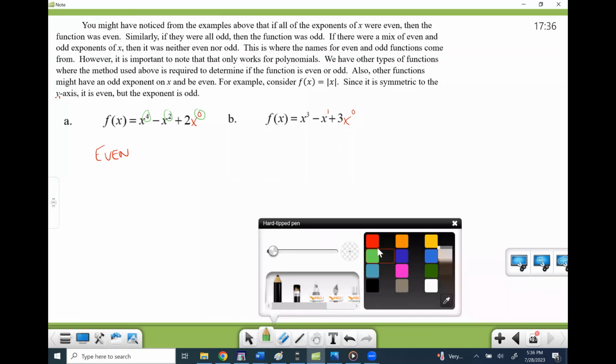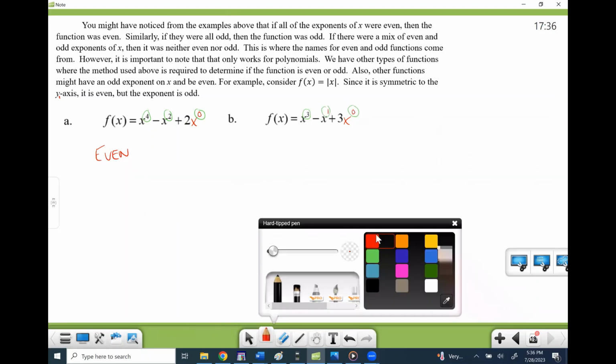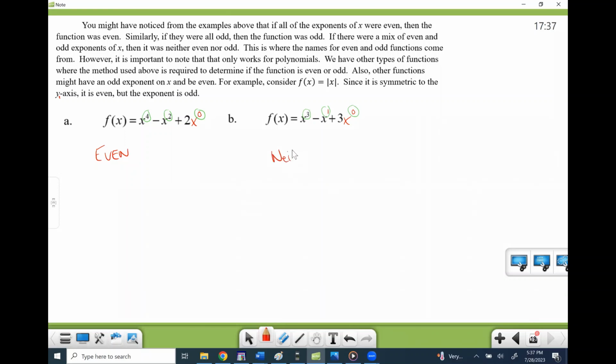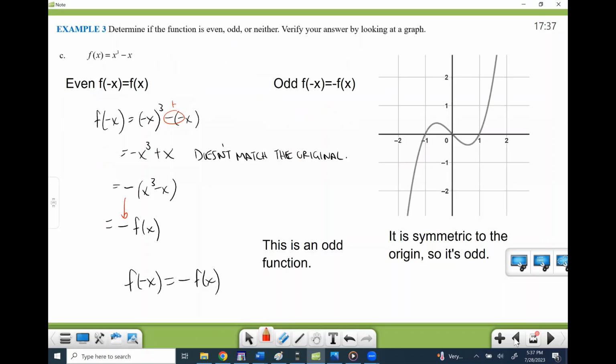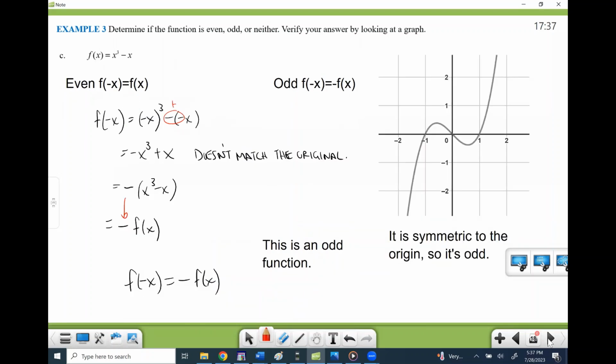Because if you look, we got odd, and then all of a sudden we got even. So this one was neither for the answer to part B. Let's just double check. This doesn't match the original, and it's not the opposite of the original, so it's neither. Okay. All right, let's look at our last one.